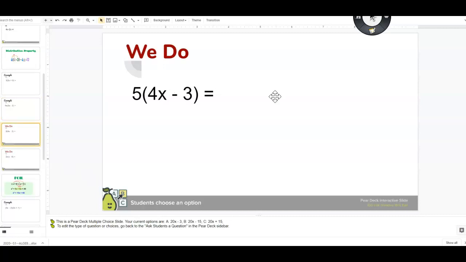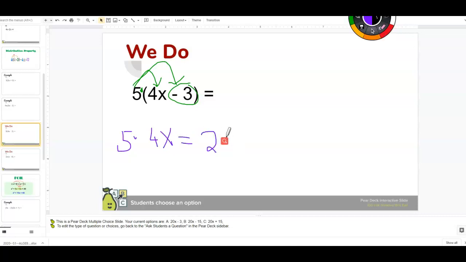Let's try 2 problems. Get rid of the parentheses, use 5 times every term inside. Be careful, the second term is negative 3. Don't forget the sign. Okay? So 5 times 4x. Number part, 5 times 4 is 20. X part, you only have x.